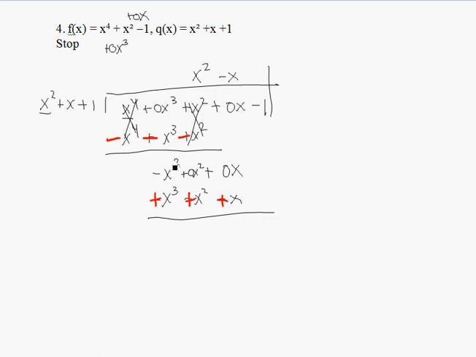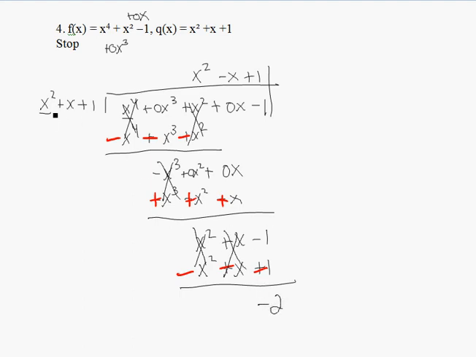The like terms get combined, those two cancel. I'm left with x squared plus x minus 1. X squared times what gives me x squared? That's plus 1. So I get x squared plus x plus 1. I change the signs and combine like terms. Everybody cancels except this. I get a negative 2.